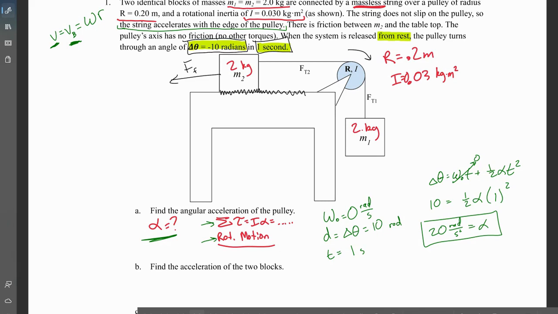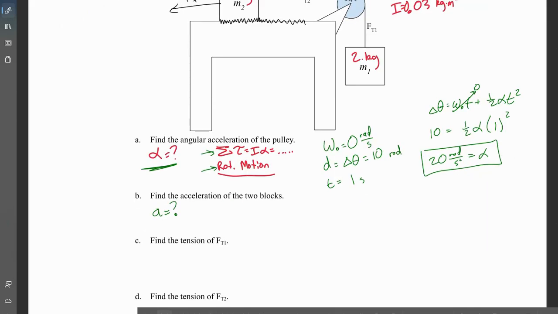All right. Part B, find the acceleration of the two blocks. Well, that means we're looking for a. We know alpha. Do we know the radius? Yeah, we do. We know the radius up here, 0.2 meters.